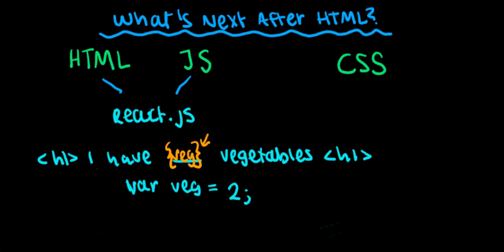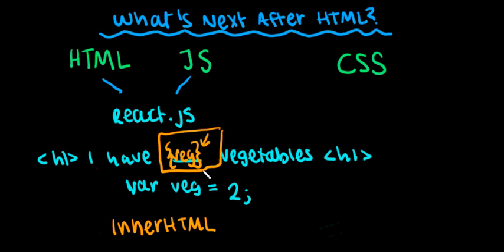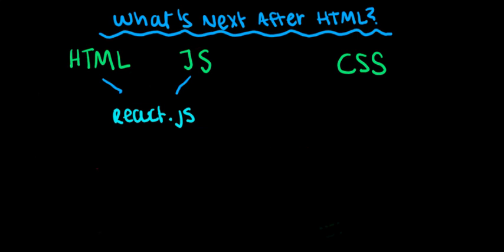So this makes it super simple because instead of doing that inner HTML, you can just put this variable name right over here. And this saves a lot of time when it comes to building those web pages.